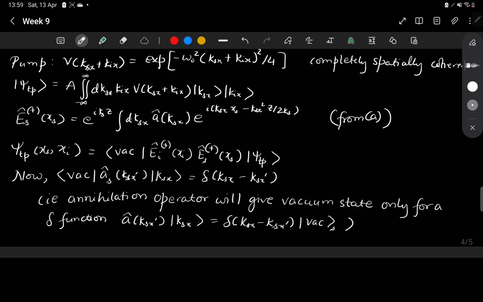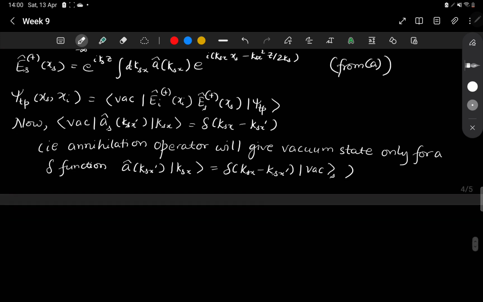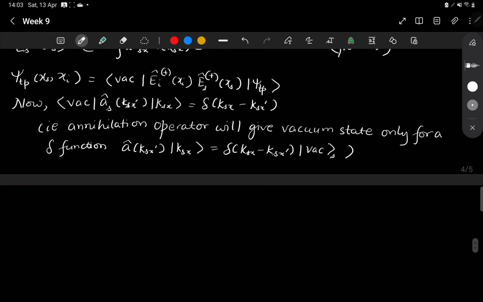So this is the action of the annihilation operator. Thus we have psi TP as the following.